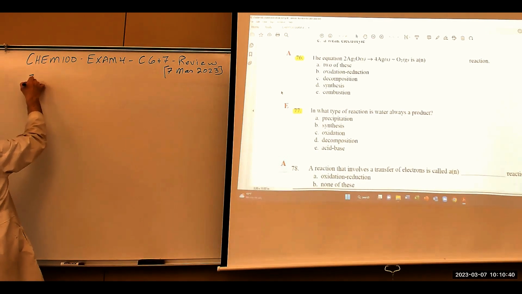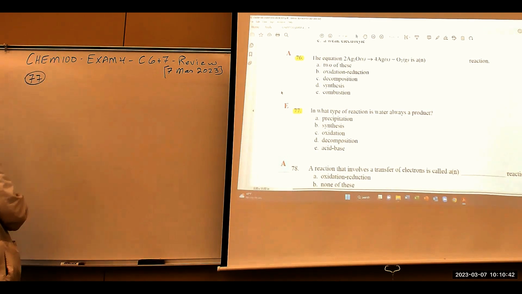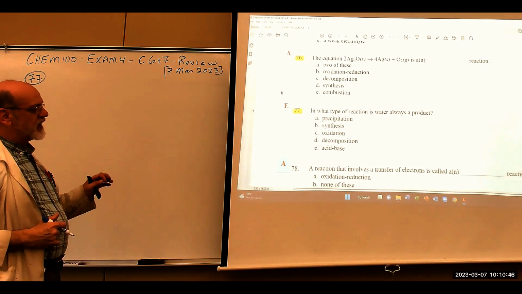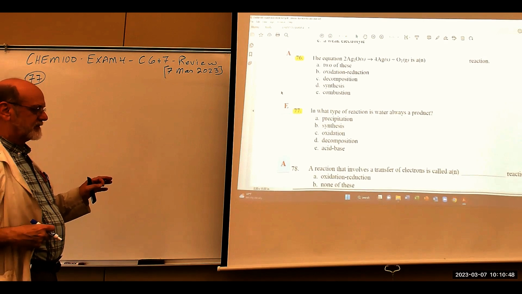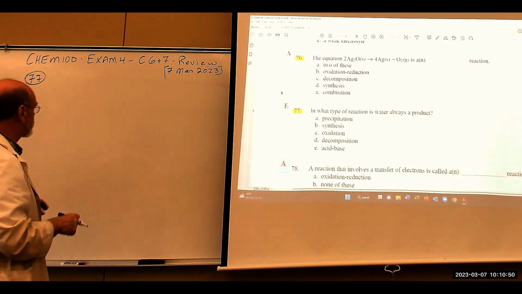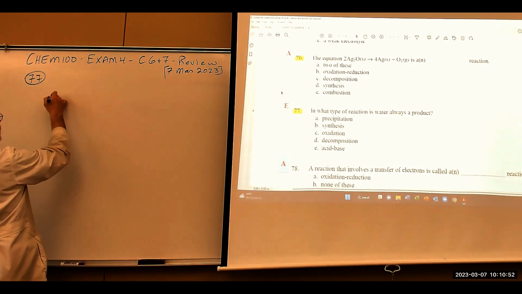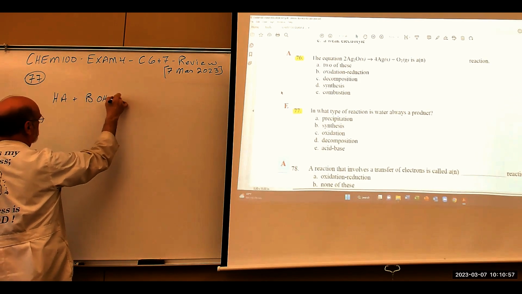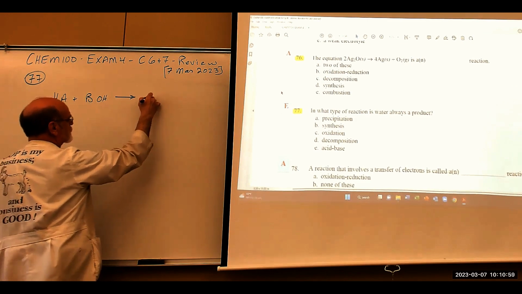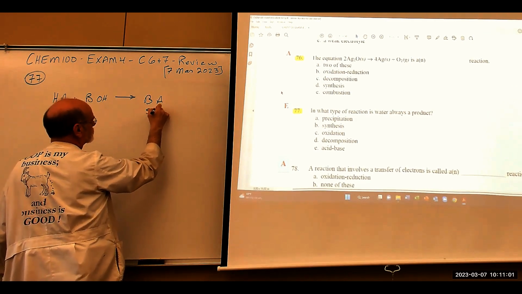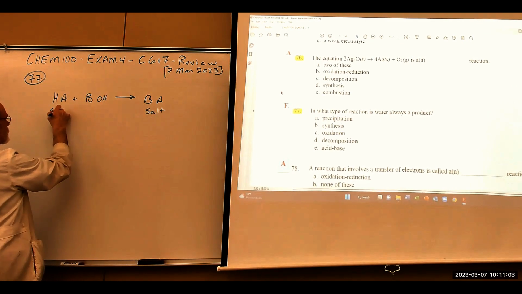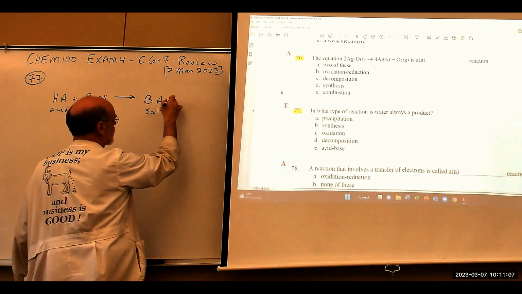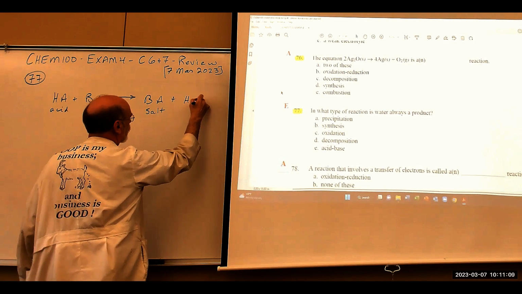Number 77. We're into identifying reaction types here. In what type of reaction is water always a product? This goes back to the reaction of an acid and a base. It always produces a salt. This is an acid, this is a base, and it always produces a salt plus water.